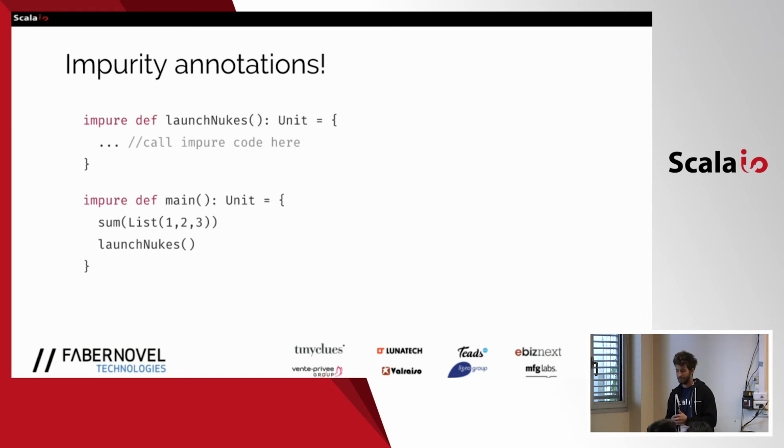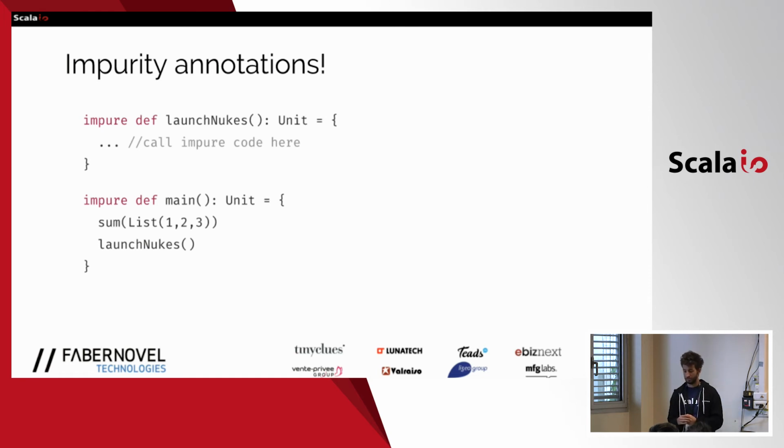So maybe we could at some point define this somewhere in the Scala compiler, that we have this impure keyword. So we have this impure def launchNukes, and now we know exactly which code is impure and which is pure, and then the compiler could potentially do all these things for us, right?